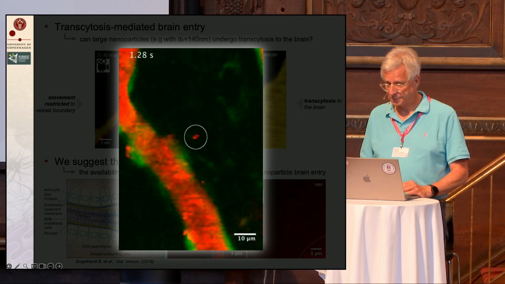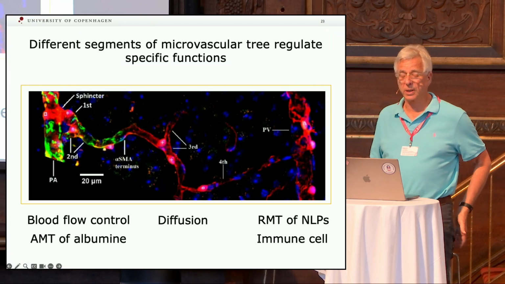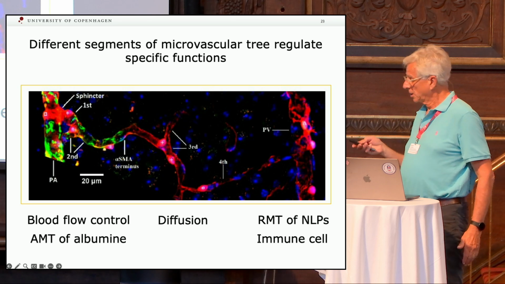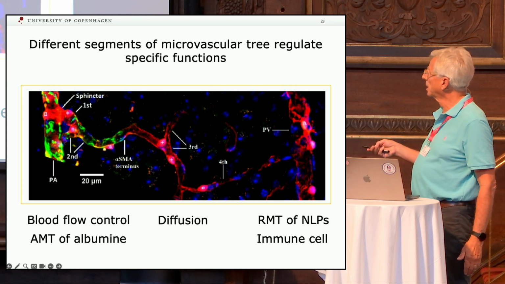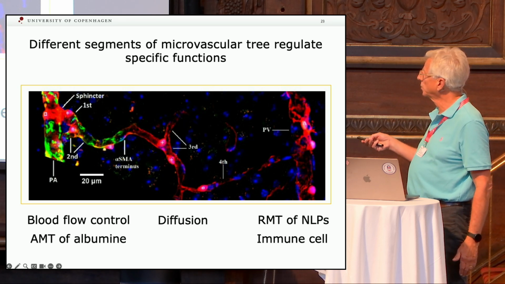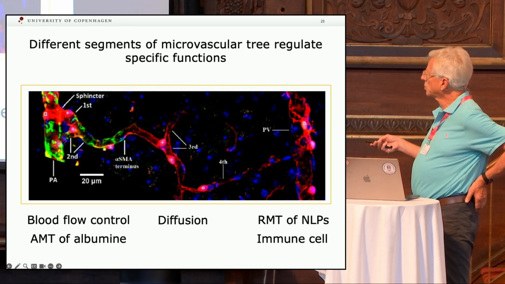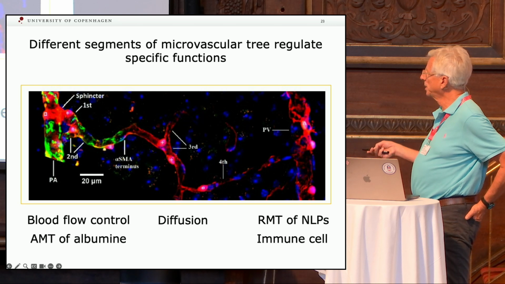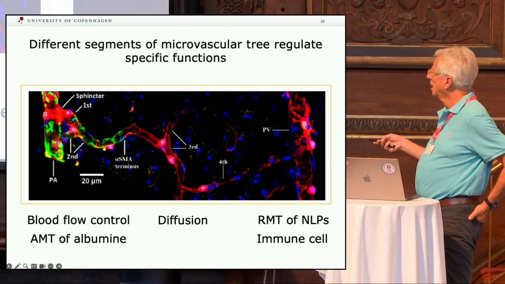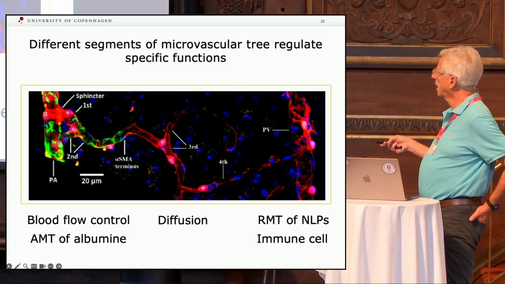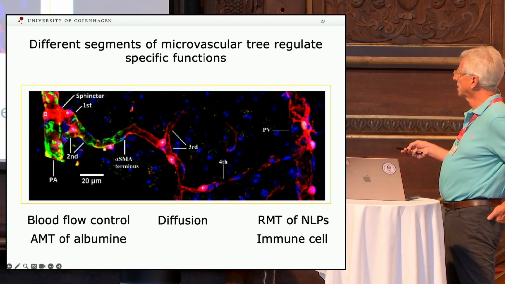Well, maybe I should go to the last slide here. So in the arteriolar end of the microcirculation, you control the blood flow through the capillary tree. And this is also where you have absorption-mediated transcytosis. Along the capillary, you have an exodus of glucose and oxygen and amino acids and other small molecules.